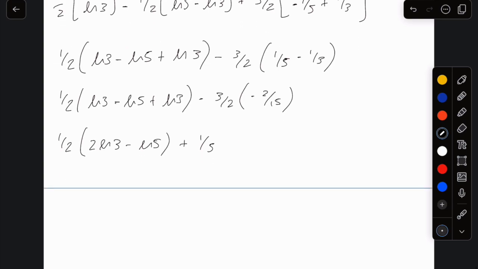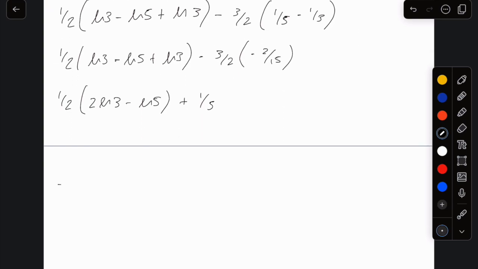Now we've got a fifth, so we can say then fine. We're now going to get half ln 9. Sorry, no. We're going to get half of 2 ln 3, so we get ln 3 squared minus ln 5, plus a fifth.